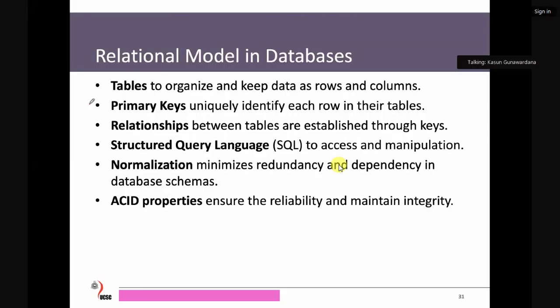In a table or relation, the primary key is to uniquely identify each and every row in the table. So each table typically has a primary key which uniquely identifies each row. The primary key ensures that each record in a table is unique and identifiable.